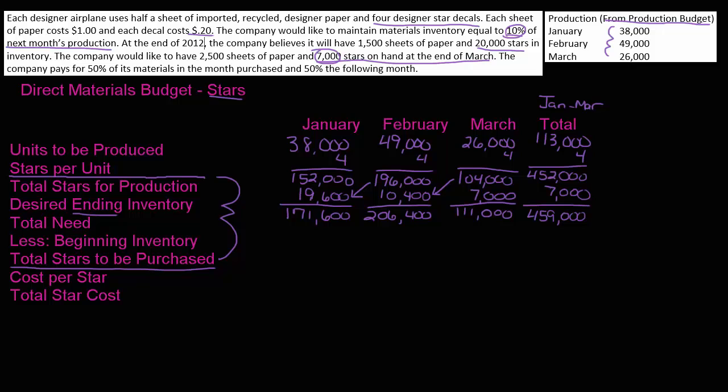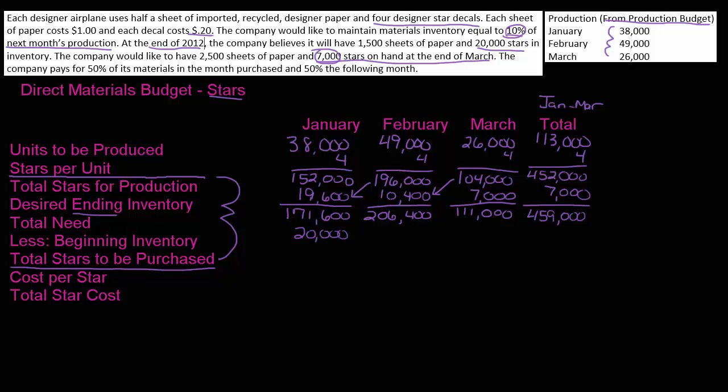Now we need to figure out what our beginning inventory is. It says at the end of 2012, the company believes they'll have 20,000 stars in inventory. So December 31st ending inventory becomes January 1st beginning inventory, and so my beginning inventory is 20,000 stars.